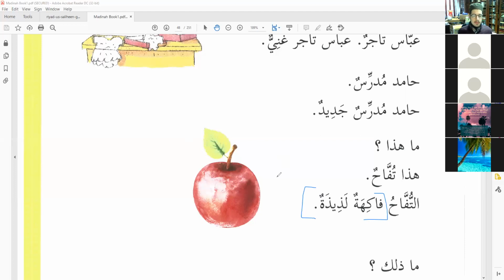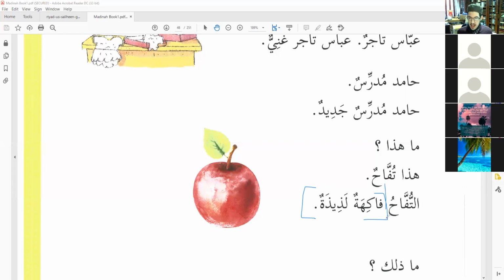Because it's the ending. Is everyone hearing me okay? I think that tanween on the top, dhammatayn, okay, that is the sign of it being marfu'. You're right. The sign of it being marfu' is that it's dhamma. But what determines whether it's marfu' is its position in the sentence, which is, in this case, khabar.